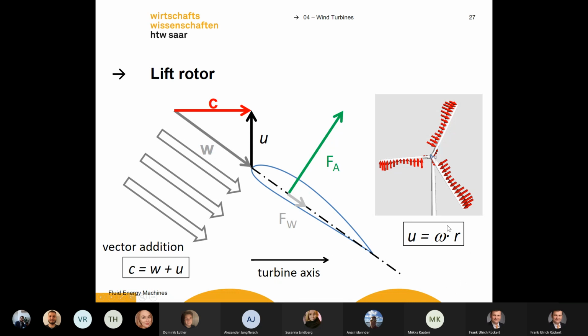Here you can see the definition of the rotation energy. These velocity triangles are somewhat difficult to calculate. You have to calculate them for every position on the wing, because at every position the rotation velocity is different.